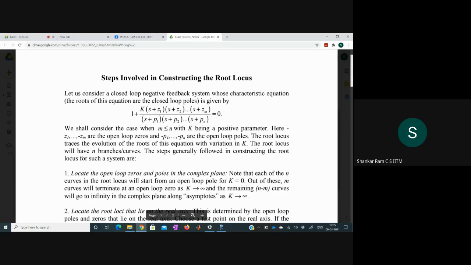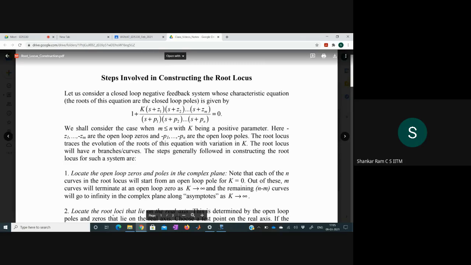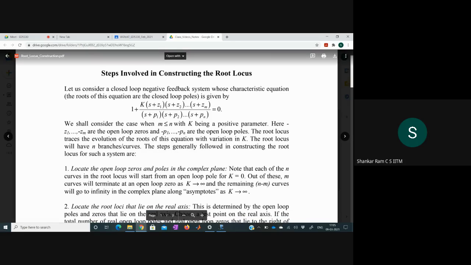Just to recap what we did yesterday: to begin with, we consider the open loop transfer function to be of the form k times (s plus z1) till (s plus zm) divided by (s plus p1) till (s plus pn), where minus z1 through minus zm are the open loop zeros, and minus p1 through minus pn are the open loop poles.